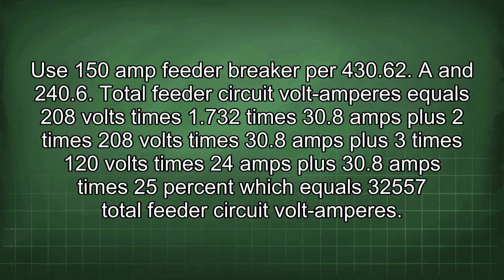Total feeder circuit volt amperes equals 208 volts times 1.732 times 30.8 amps plus 2 times 208 volts times 30.8 amps plus 3 times 120 volts times 24 amps plus 30.8 amps times 25%, which equals 32,557 total feeder circuit volt amperes.